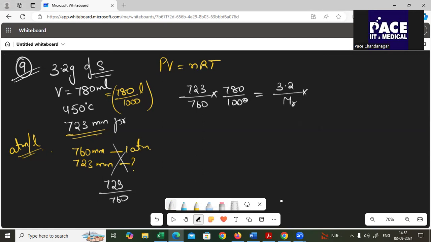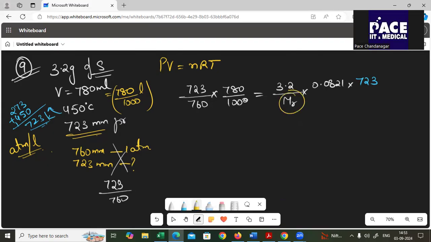And my R value is 0.0821 times my temperature here. Do not accept temperature as 450. It is 273 plus 450. So that is going to be 723 Kelvin, my temperature in Kelvin.